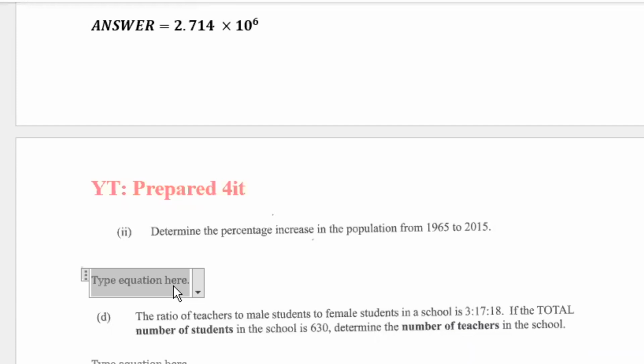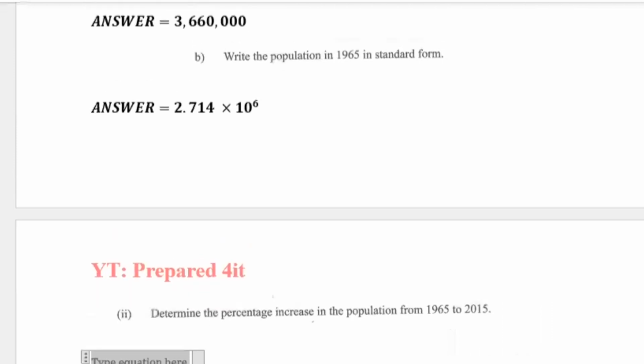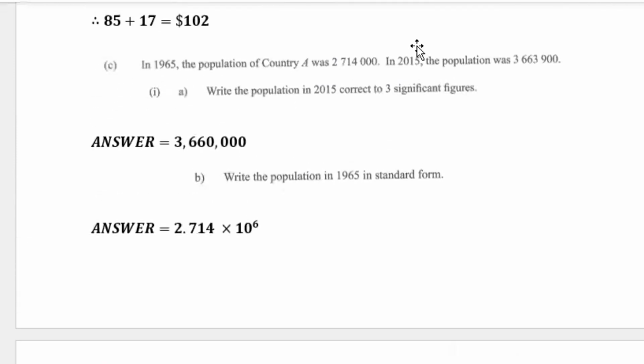So first, you can find out the quote-unquote profit using the population from 1965 to the population in 2015. And remember, after finding the profit, to find the percentage increase, you would have the profit over the cost price multiplied by 100. It is the same principle that you are applying here.